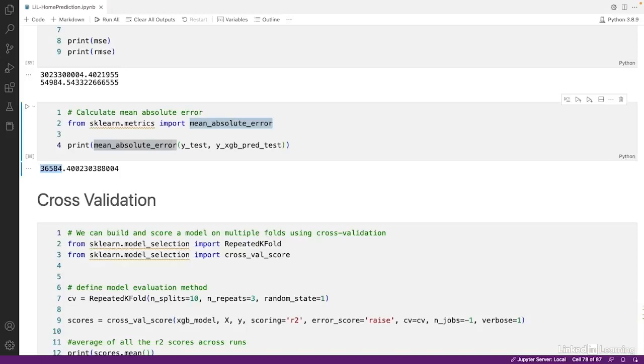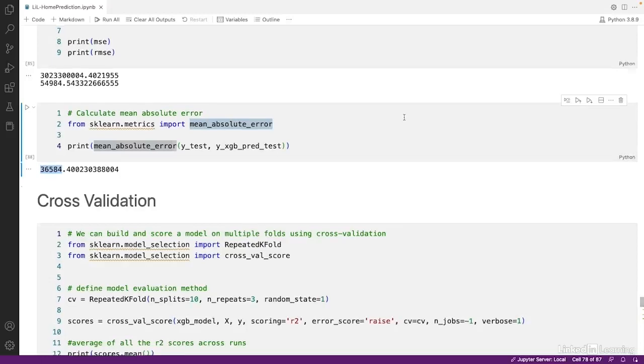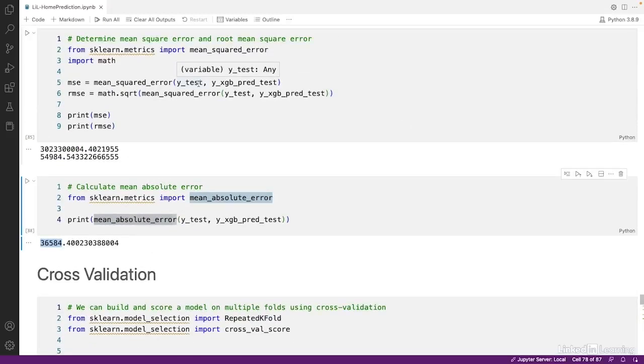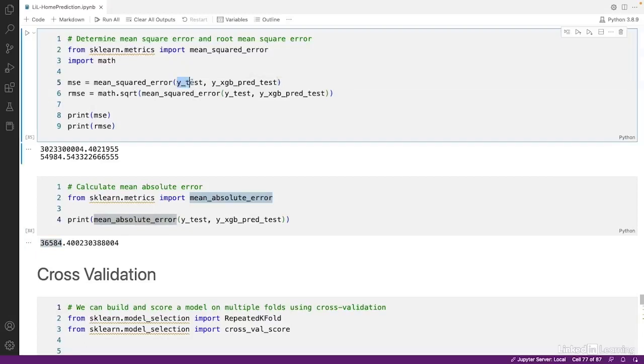Mean square error and root mean square error are up next. Again, we're passing in the actual and predicted values. Root mean square error helps to determine if there are any large errors in your model. Did your model predict many values that were significantly higher or lower than the actual values?